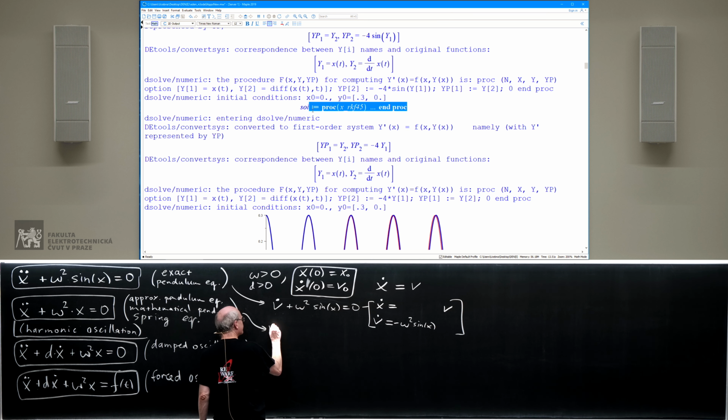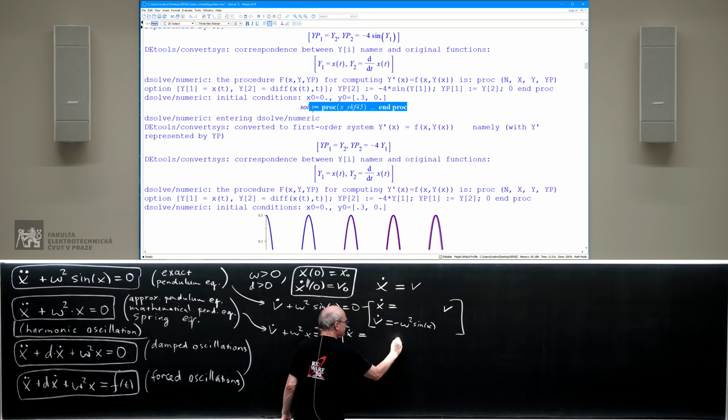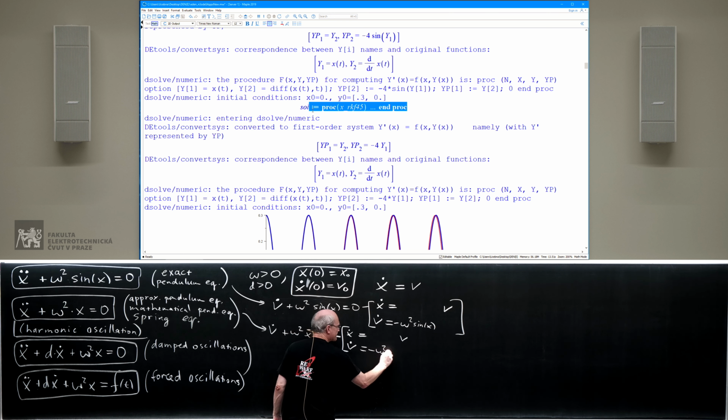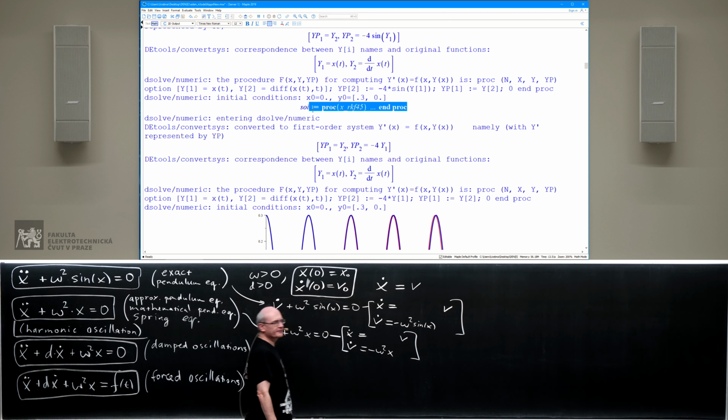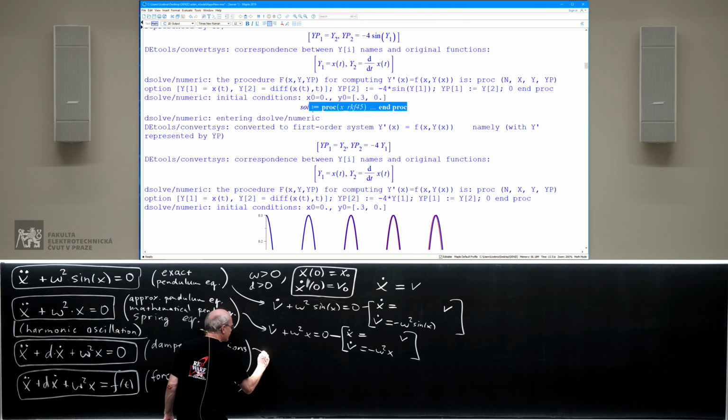Okay, what happens if I apply this reduction to the harmonic equation? Well, I get v dot plus omega squared x is 0, and this leads to the following system. x dot is equal to v, and v dot is equal to negative omega squared x. Again, a very nice 2x2 system. And in the same way, we look at the damped oscillations.